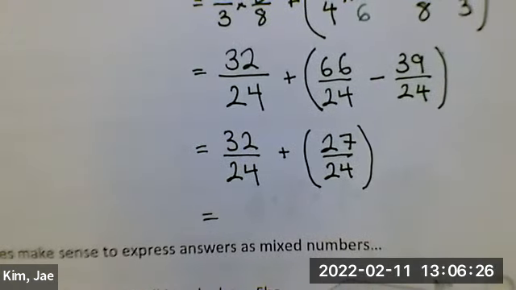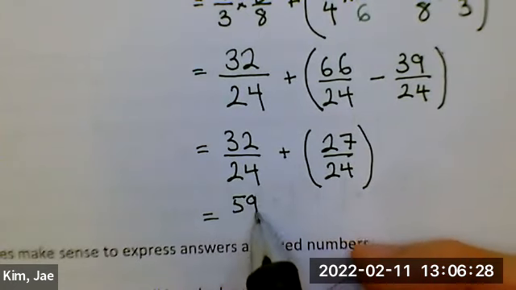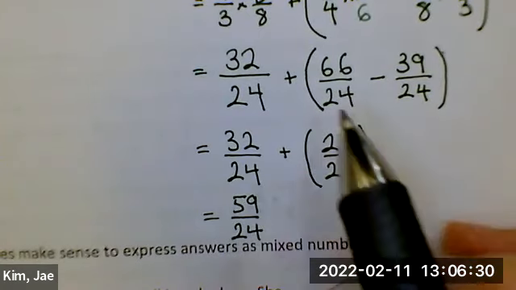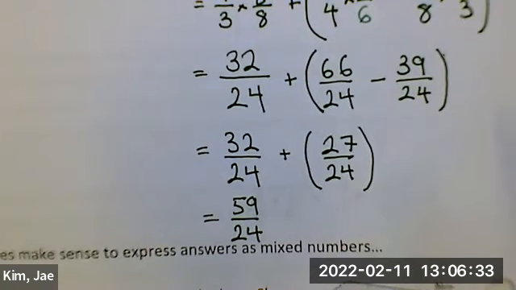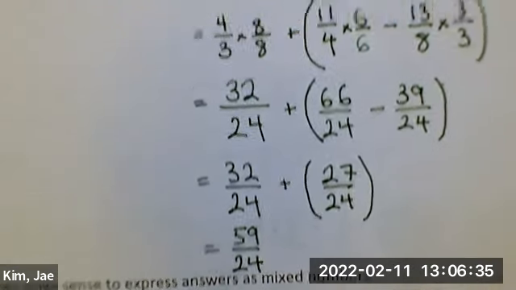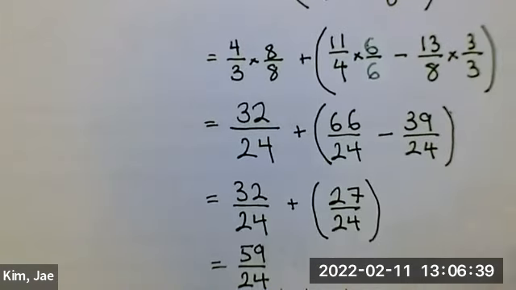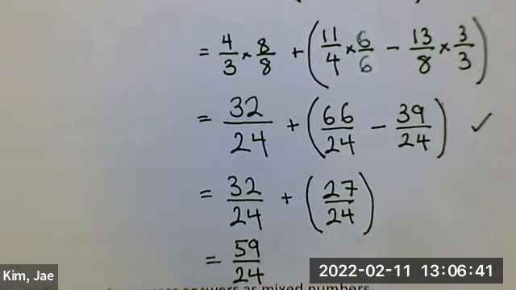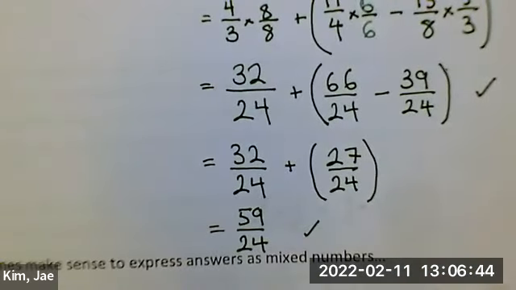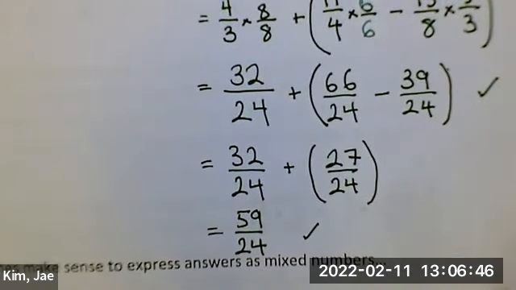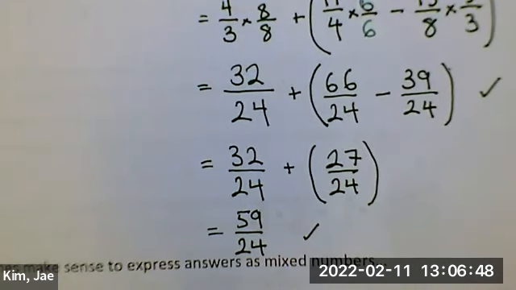And you add that, that becomes a 59. And done. So something like this, changing from mixed to improper, and then getting the same denominator, and then getting the final answer. This is probably anywhere from 2 to 3 marks easily, minimum.